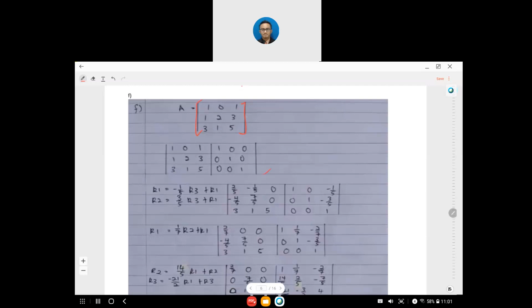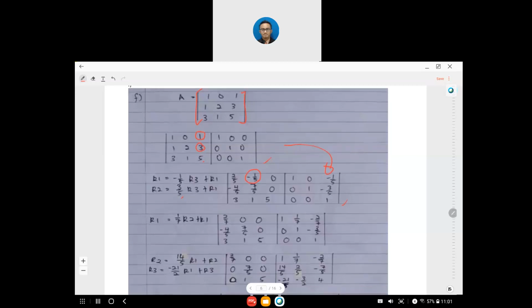And then you want to change this 0 to become 0 by using row 3. Okay. So, you are using negative 1 over 5 and then 3 over 5. Okay. And then transform, you can get this matrix. Next, we want to change negative 1 over 5 to become 0 by using row 2.